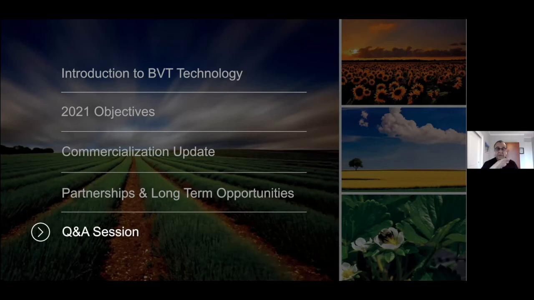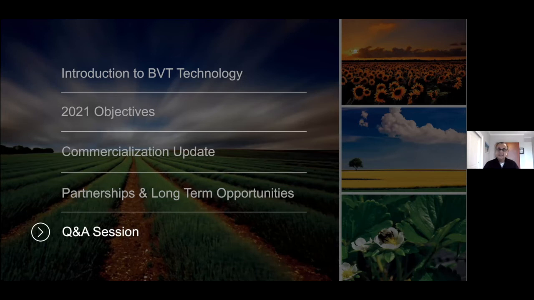So this would be a slightly different way of bringing a product to market, because we would be, in a sense, sharing the revenue from the grower between the 2 companies. But it's very exciting because this will allow us to claim other pests that we can control beyond what our Vectorite does.